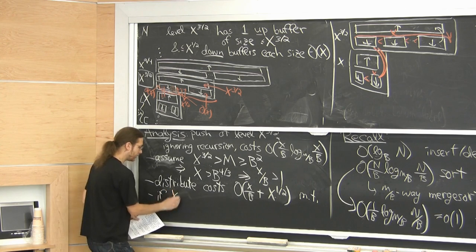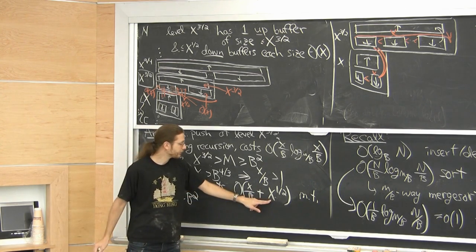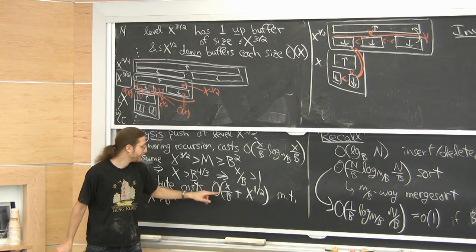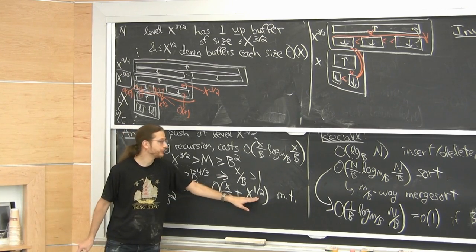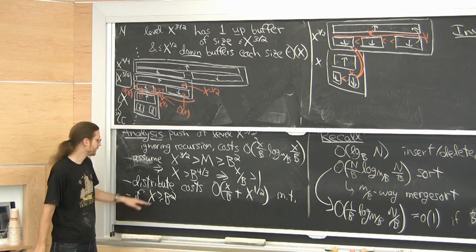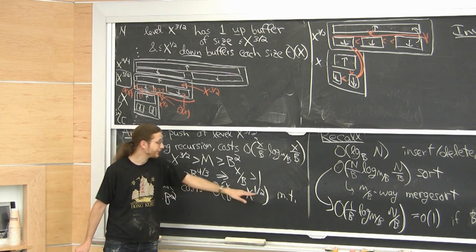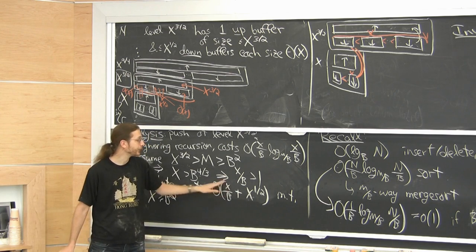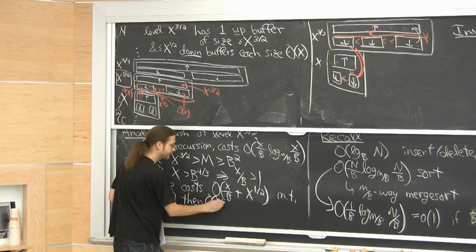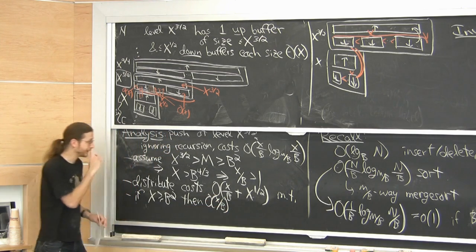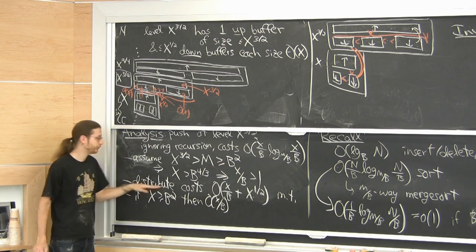If x is greater than or equal to B squared, then we're happy. This term dominates, and so this is tinier. Say x is B cubed, then this is x to the 3/2, this is B to the 3/2, this is B squared, so this is bigger. And so then the cost is just x over B, and we're done, because we need to prove it's x over B times log. We had to do this to sort, but this distribution will be free.